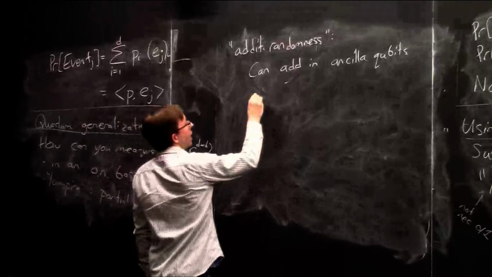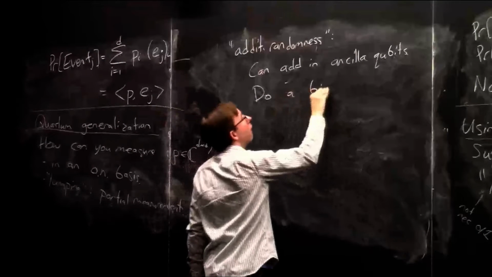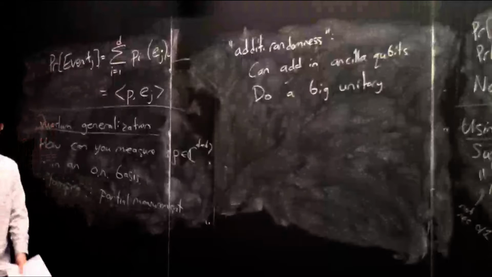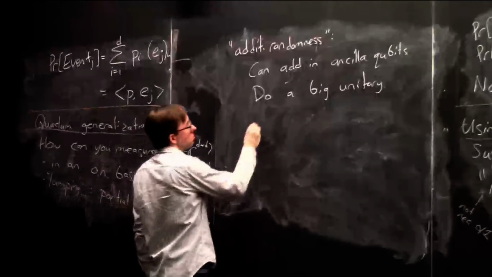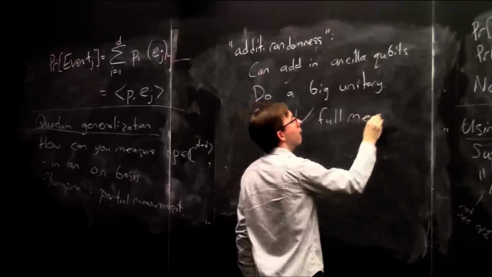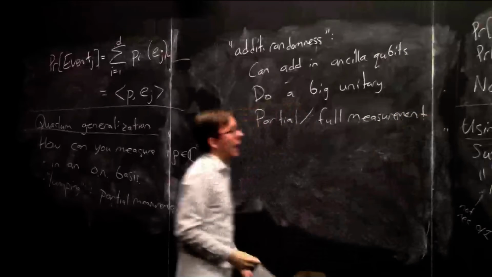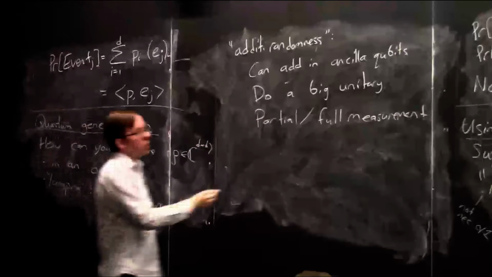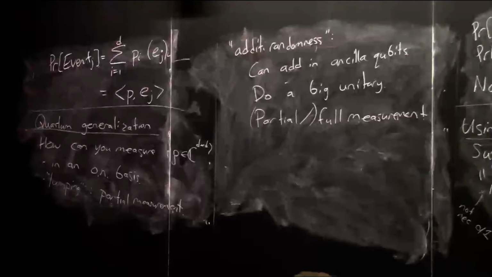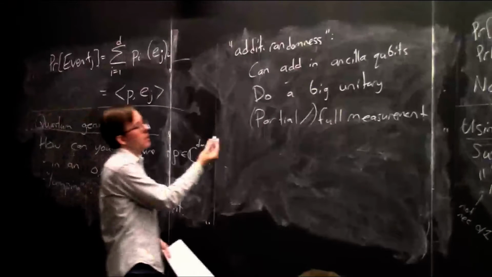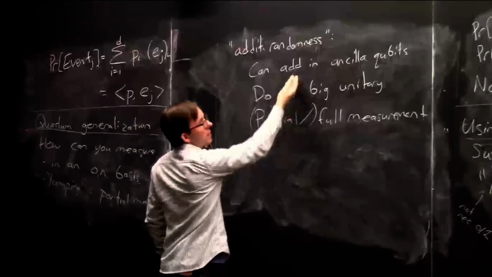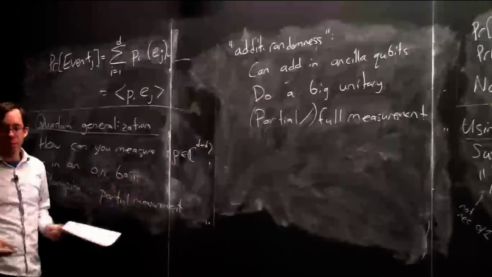And you could then do a big unitary, not just a d-dimensional unitary, but one on this even bigger thing. And now you could do a partial measurement or even a full measurement, and you could thereby get lots of different outcomes. In particular, if you did a full measurement, you would actually get more than d outcomes. So that's possible. You could use your source of randomness rho, together with this, like adding more randomness in, to get more than d outcomes.